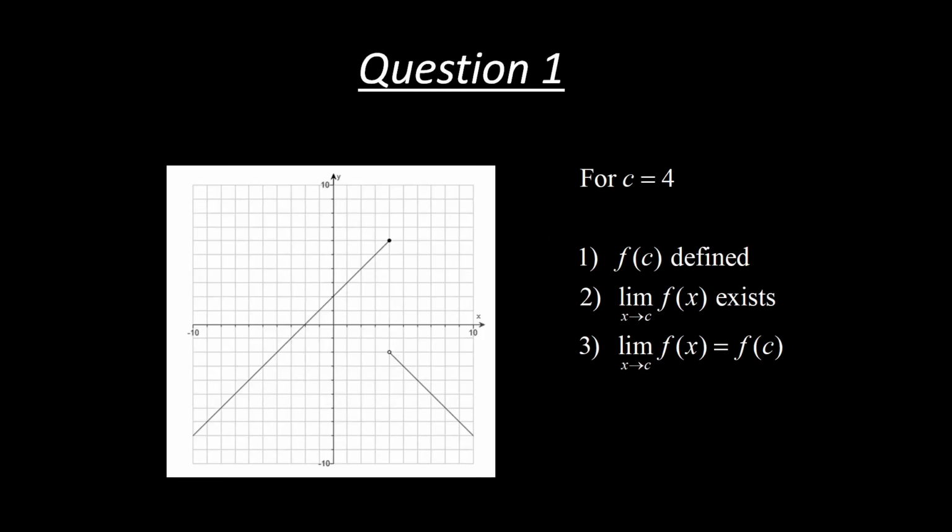So for our first question, question 1, at our point of interest, c equals 4, right here on the graph. Check out the homework or the lecture work and answer these 3 questions, true or false, on lecture question 1.